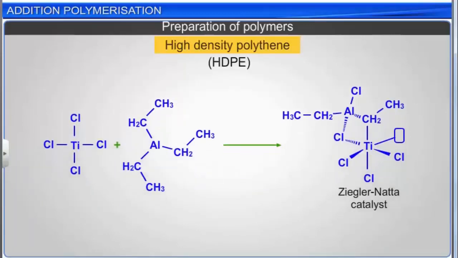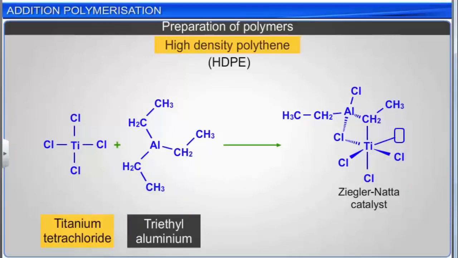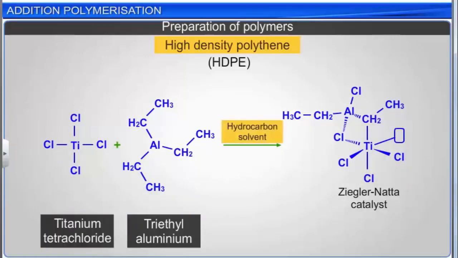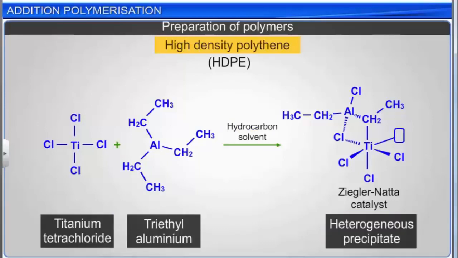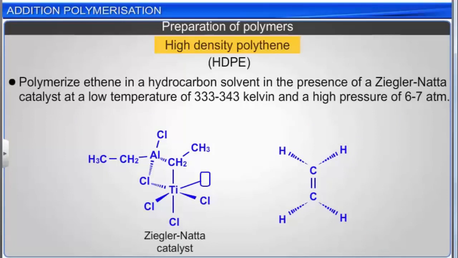When triethyl aluminium and titanium tetrachloride are mixed in a hydrocarbon solvent, a heterogeneous precipitate forms, which catalyzes polymerization of alkenes like ethene. The catalyst that results has an empty orbital on titanium, which can form a complex with the double bond in ethene.